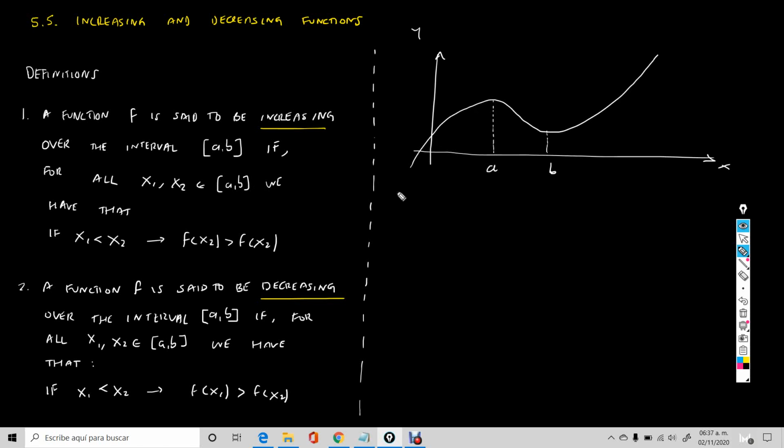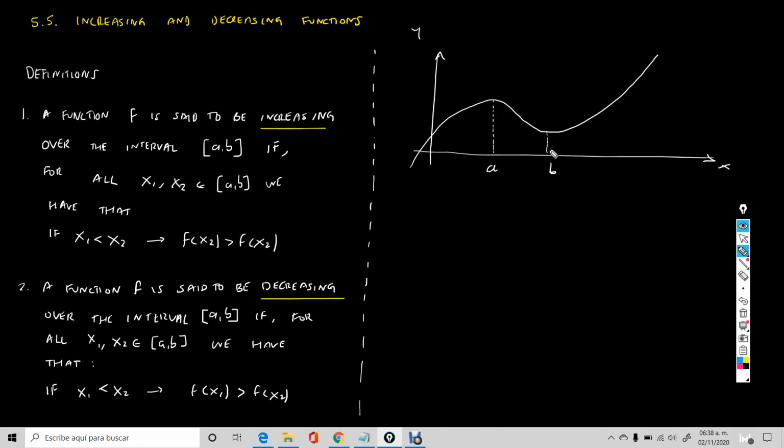And if this was a roller coaster, you can see that basically the roller coaster is going up, going uphill. And then from A to B, when you move from left to right in the x-axis, the function is decreasing, okay? It's being less and less and less, or the roller coaster is going downhill, like so.